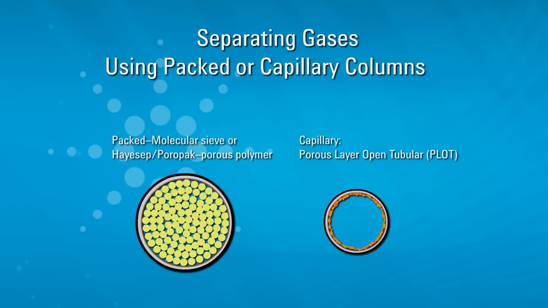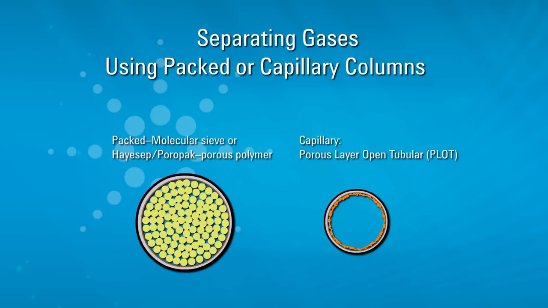A molecular sieve is a material containing tiny pores of a precise and uniform size that is used as an adsorbent for gases. Used in GC, the MolSieve column will separate light fixed gases while adsorbing water, carbon dioxide, and heavier hydrocarbons.